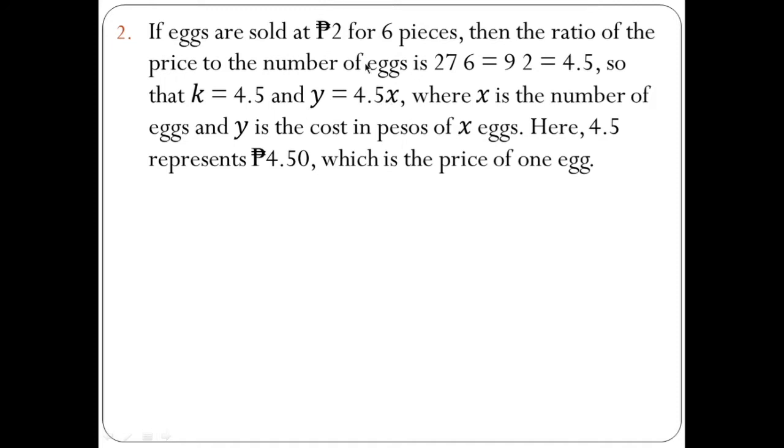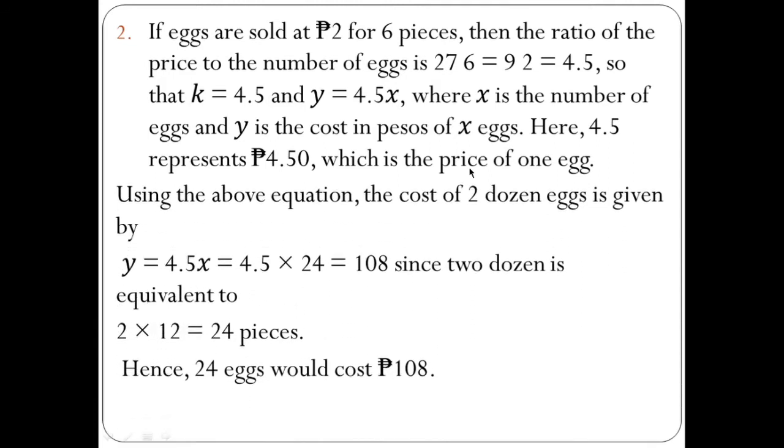Given class, the ratio is 27 over 6 equals 9 over 2, where x is the number of eggs and y is the cost in pesos of x eggs. Here 4.5 represents 4.50 pesos, which is the price of 1 egg.